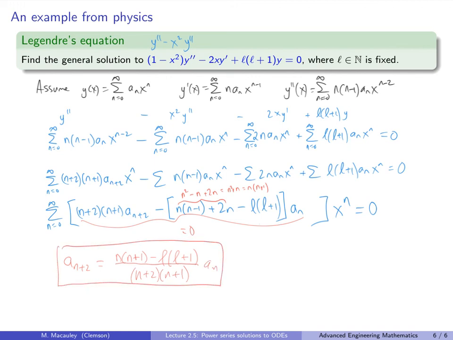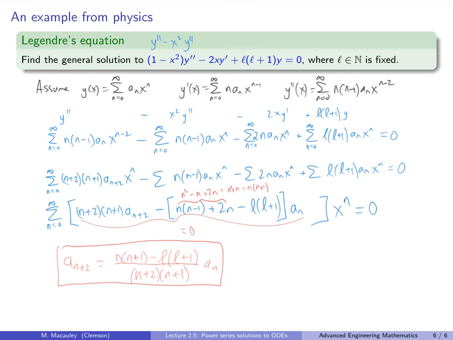So once again, for every l fixed, that corresponds to some harmonic or some vibration. For every l, we get a power series solution like this, and the coefficients satisfy this recurrence relation.